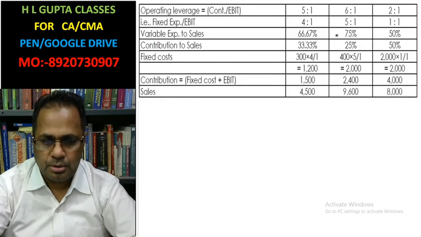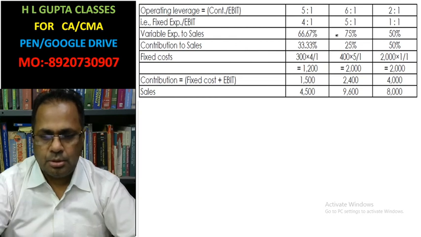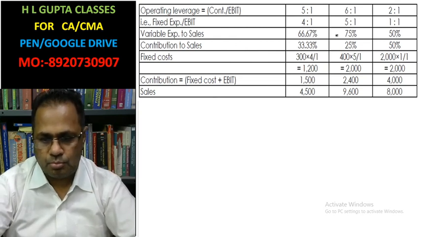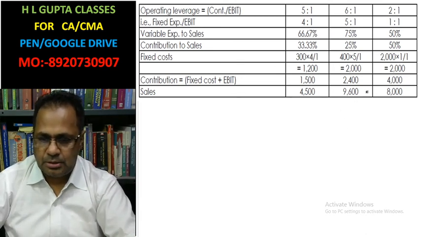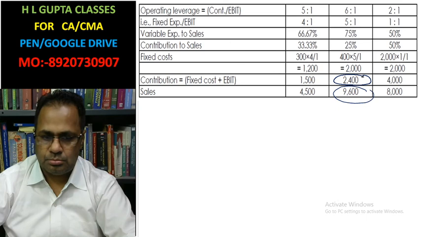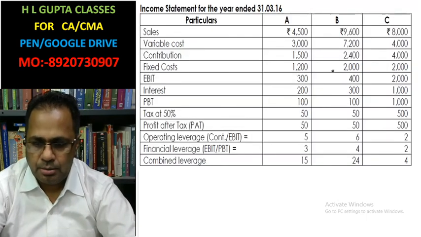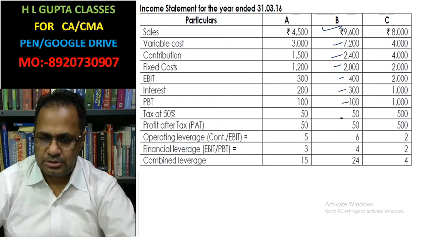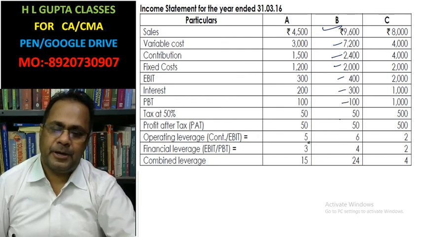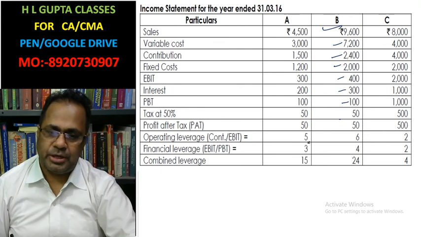Sales 9600, EBIT 2400, fixed cost 2000, it is already calculated. 9600, 7200, 2400, 2400, 300. Okay, all information is calculated.